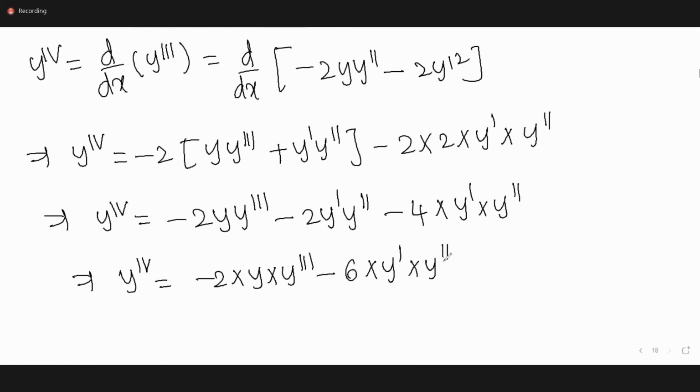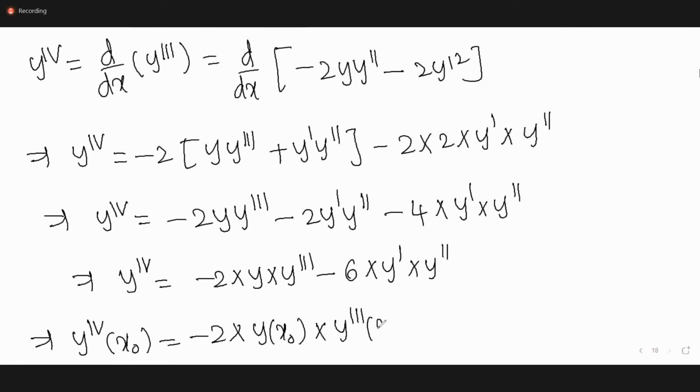double dash. So y fourth derivative at x is equal to x naught is minus 2 into y of x naught into y triple dash of x naught minus 6 into y dash of x naught into y double dash of x naught. So at x naught is 0, but x naught is equal to 0.